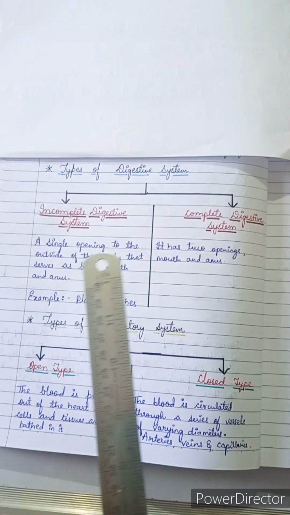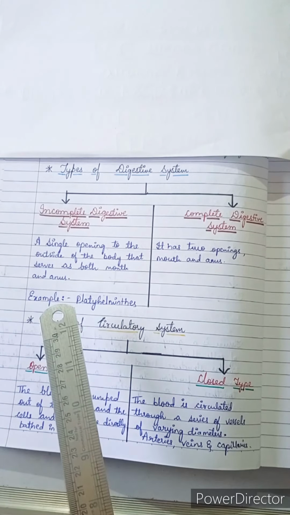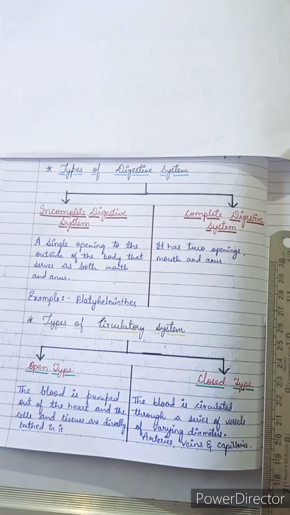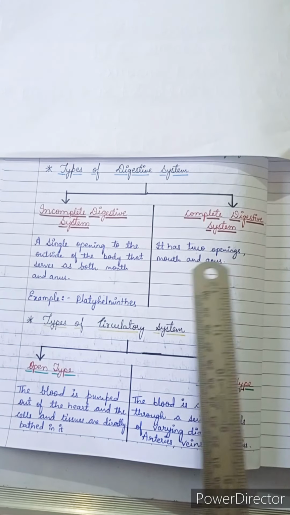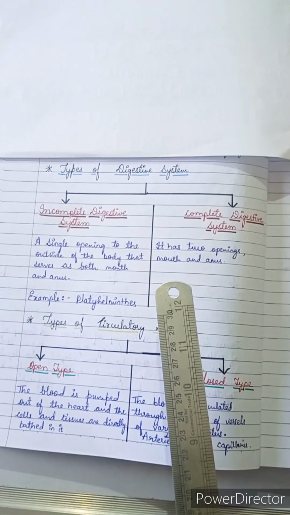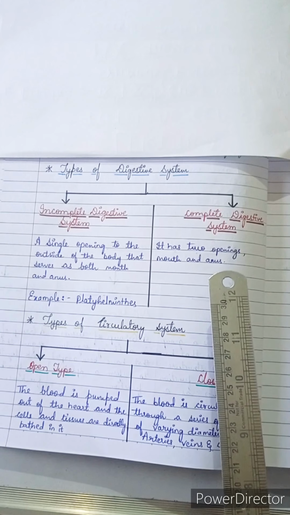Incomplete: a single opening to the outside of the body that serves both as mouth and anus. An example is Platyhelminthes. Complete digestive system has two openings, mouth and anus. Examples are all mammals, dogs, animals, human beings and a few insects.